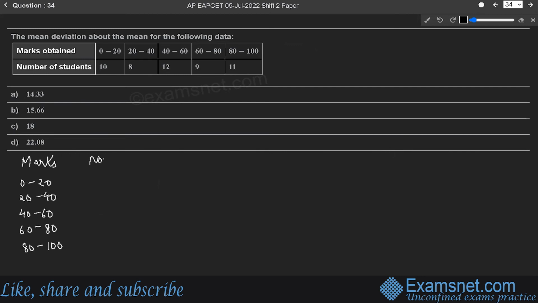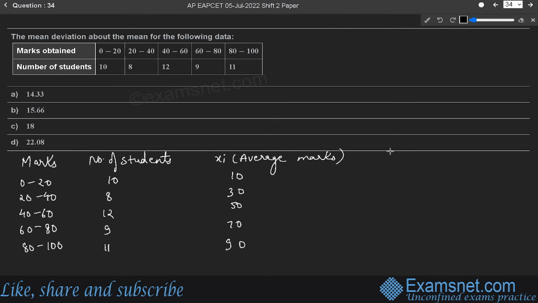And the number of students are 10, 8, 12, 9, and 11. So xi, or we can say the average marks, will be 10, 30, 50, 70, and 90.